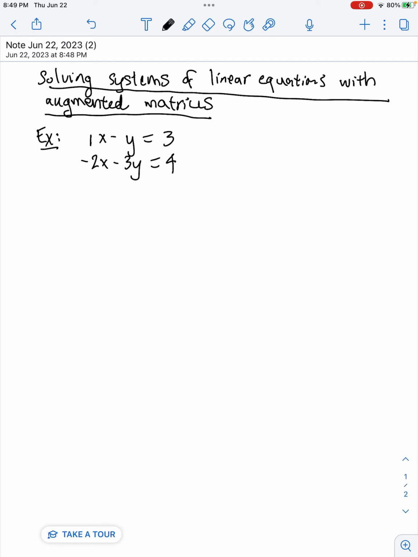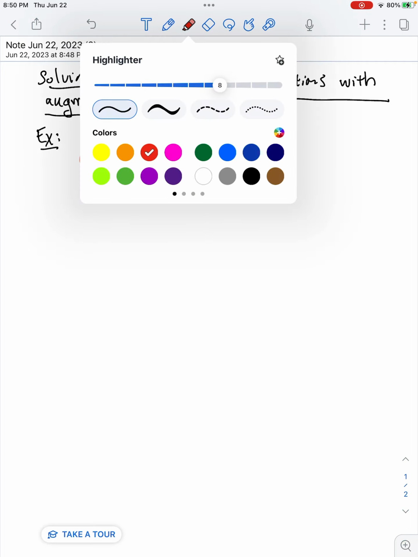And what's being multiplied by the y? It's negative 1. Okay. And so you can put these constants into a matrix. So these coefficients, the 1, negative 1, and the 3, negative 2, negative 3, and the 4, can go into a matrix.